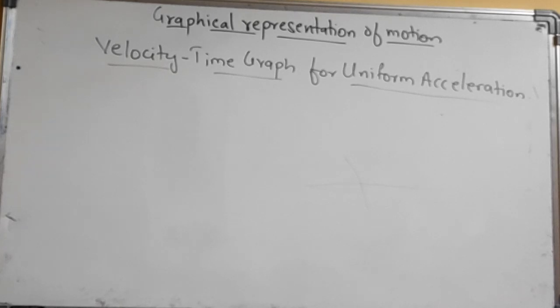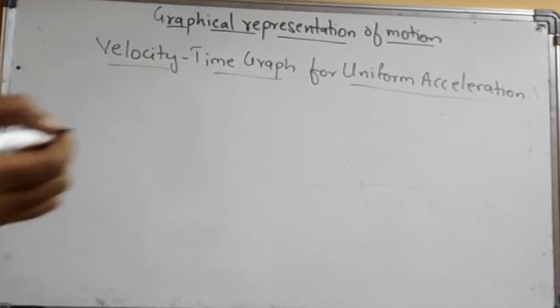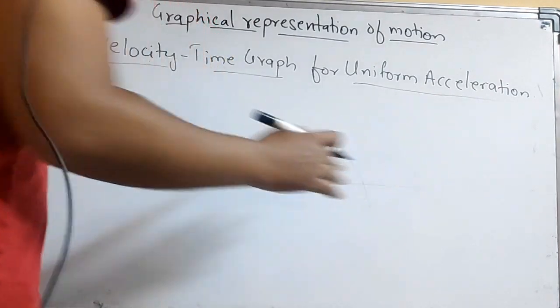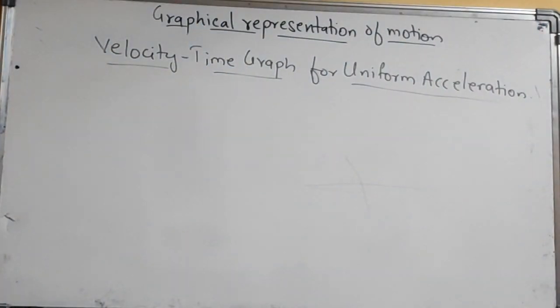Students, we are going to consider some data, an object moving with uniform acceleration. Acceleration is nothing but the rate of change of velocity, and here we are considering an object having a uniform acceleration.